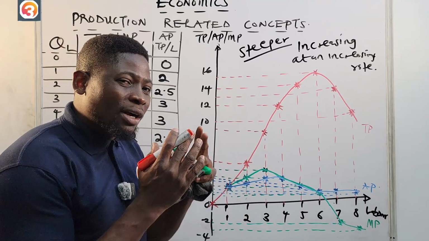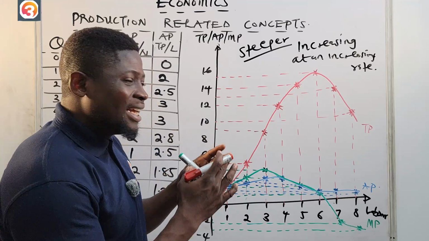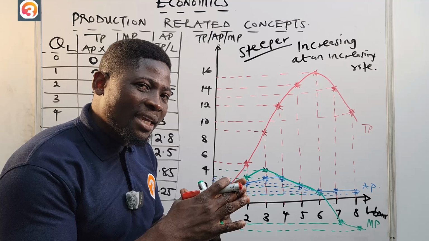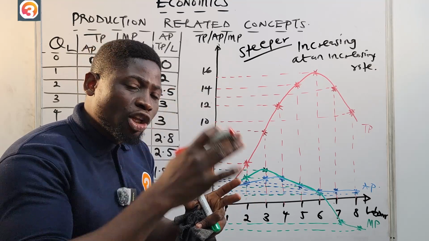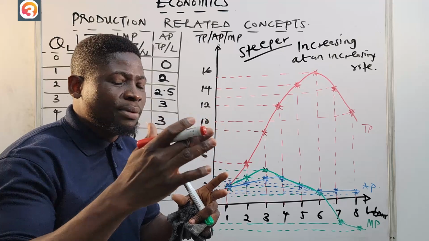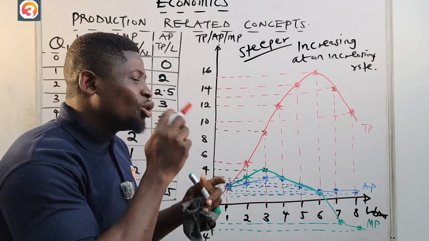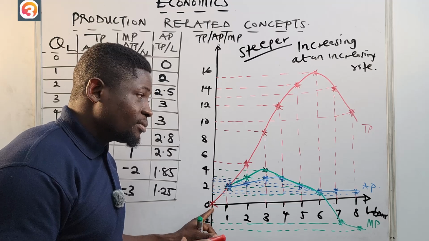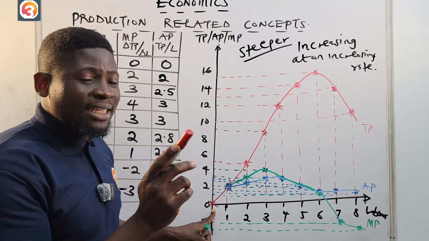We have already said before that MP is the slope of the total product curve. So as long as MP is increasing, TP will also be increasing.